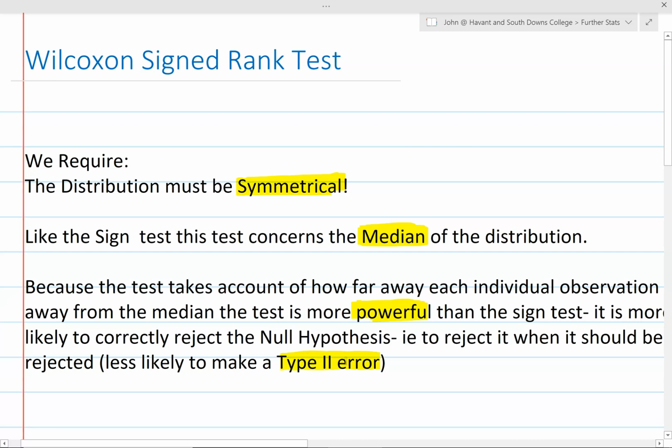That is on other A-level courses, AQA, one of the Edexcel ones definitely, but it's not on the OCR course to understand the power of tests, not in detail anyway. But I think you should at least know that this is a more powerful test. So if you know that a distribution is symmetrical, then you're better off using this test than the signed test, because it's more likely to tell us something.